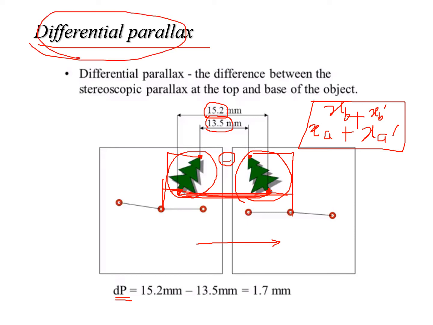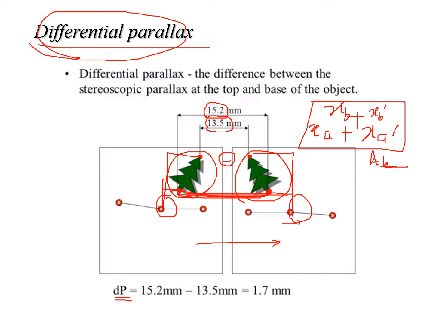This is called the absolute parallax, where the distances are measured with respect to the principal point. So what is the difference between absolute parallax and differential parallax?